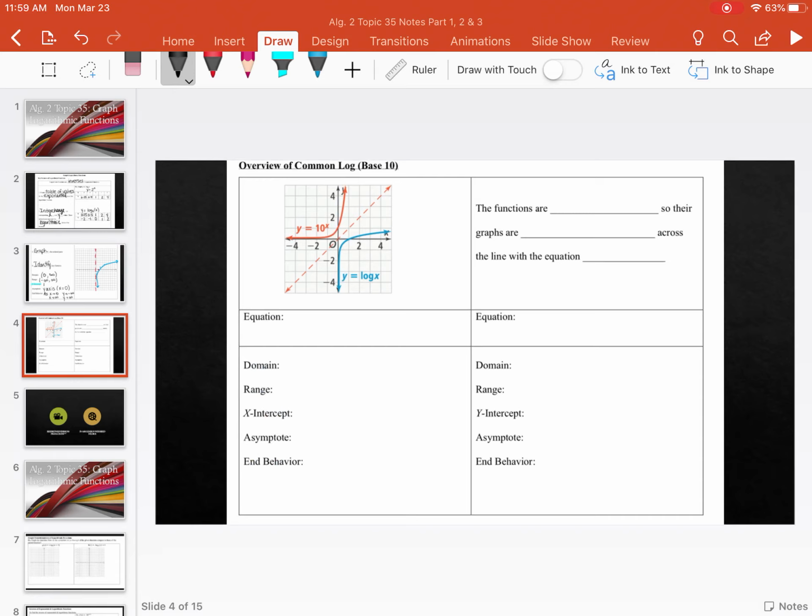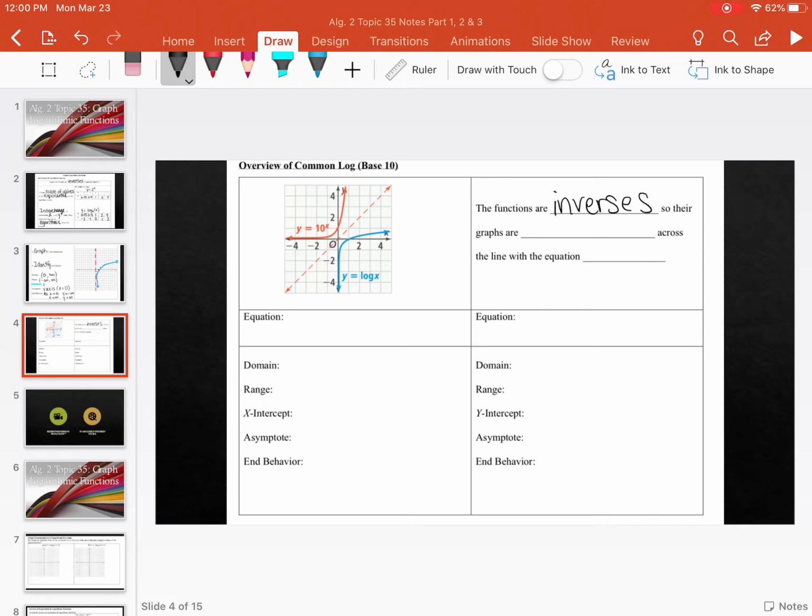Now, we've mentioned in the topic before that there is something called a common log, where there's a base 10. So just so we have this summary, we're going to compare the logarithmic form and the exponential form of the graph for the common log, where we have a base 10. These functions are inverses, as we've noticed before.